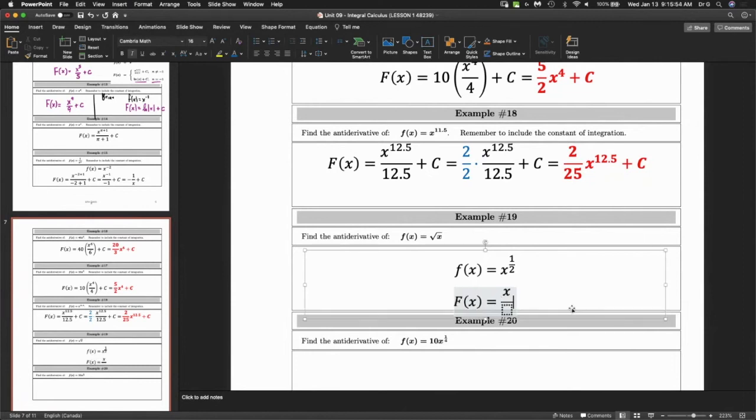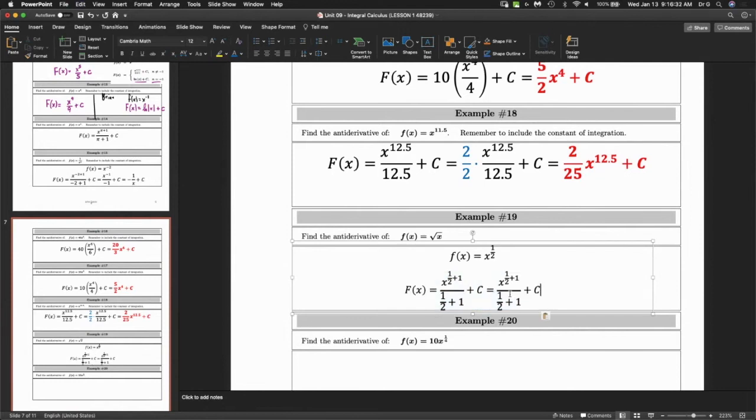So the rule says that you add 1 to the exponent and you divide by the same thing. So this is going to become x to the half plus 1 over half plus 1 plus c.